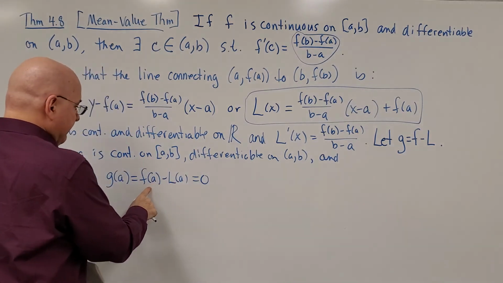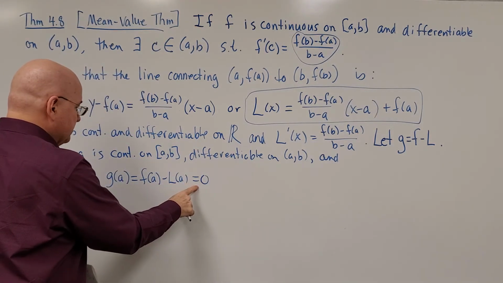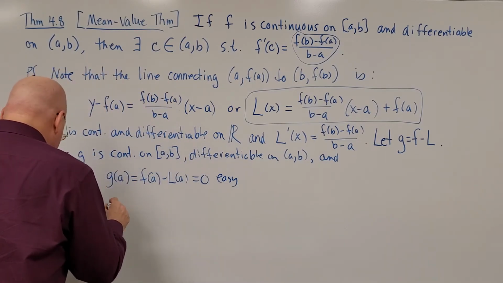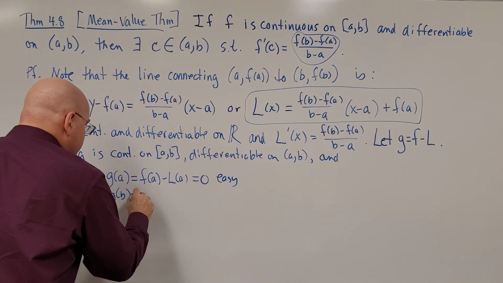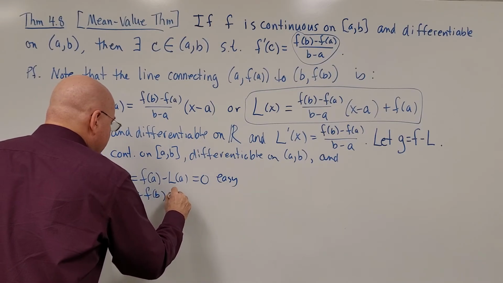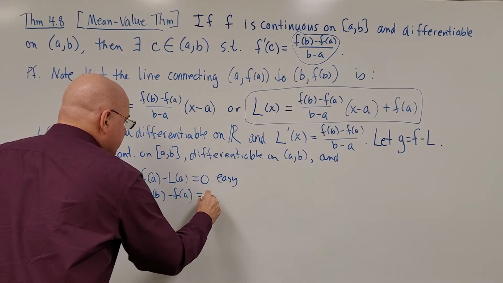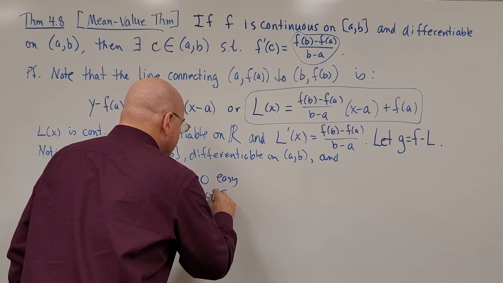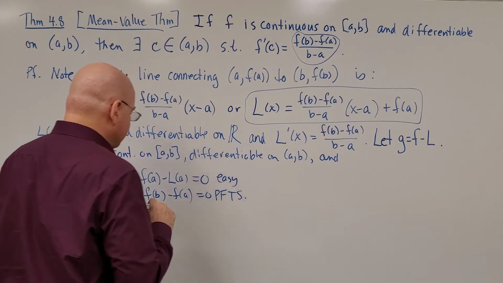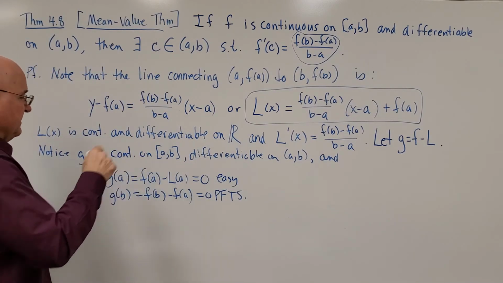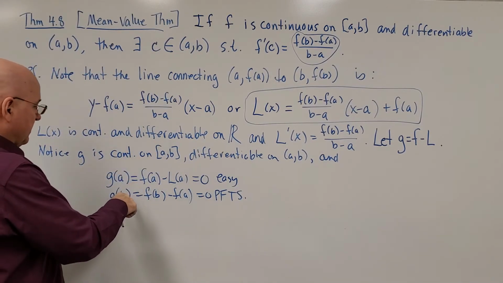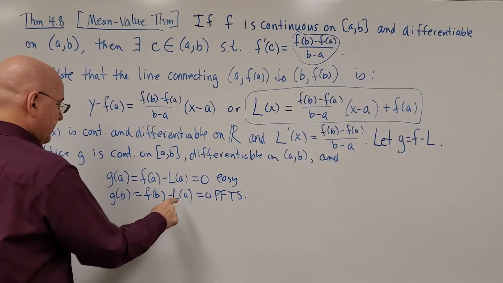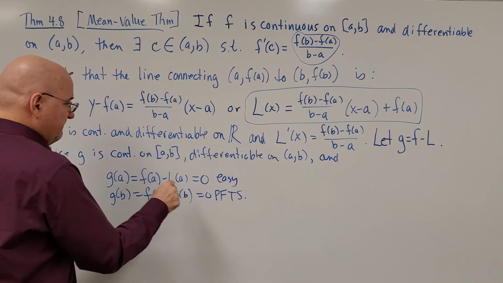So we end up with f of a minus f of a, which is equal to 0. That's easy. g of b is equal to f of b minus f of a, which is also equal to 0. It just takes a few lines. I'm going to leave it as a problem for the student to verify that. Just plug b into the function L, and you will find out that it's 0.